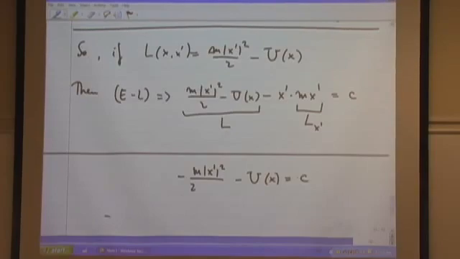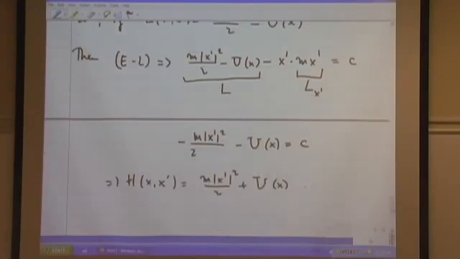Okay? So it means that what we call h, we just call it with plus, is constant, independent of t. So that says the total energy, the kinetic energy plus potential energy, is conserved.